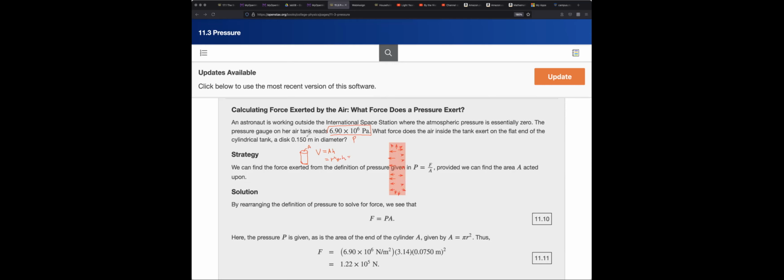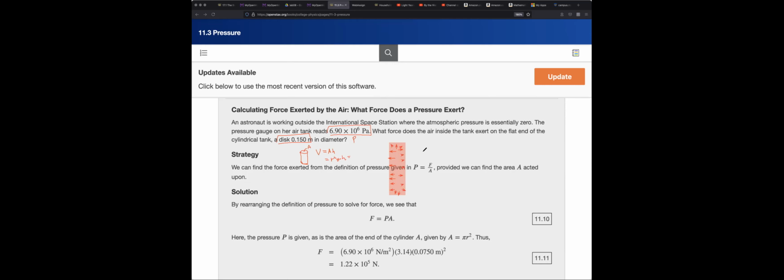And for the radius, they tell us the diameter right there. So that radius is going to equal that diameter divided by 2. So they divide that diameter by 2, and they square it. That's the r squared. They multiply by pi.